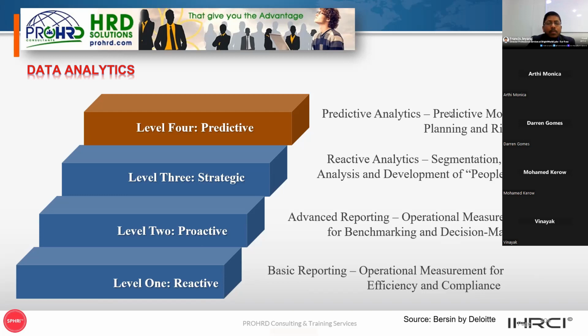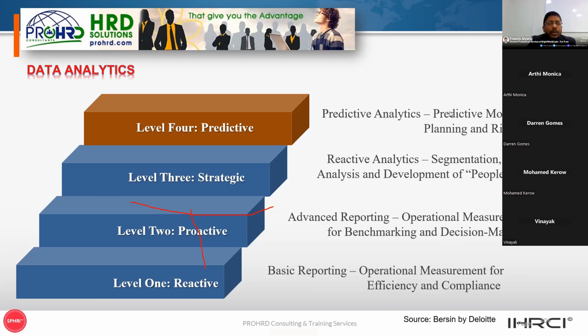When you talk about HRIS and data analytics, most organizations are at this level only. Most of them are reactive or proactive, at this level only. Not many go up to the strategic and predictive modeling level. It's very rare.